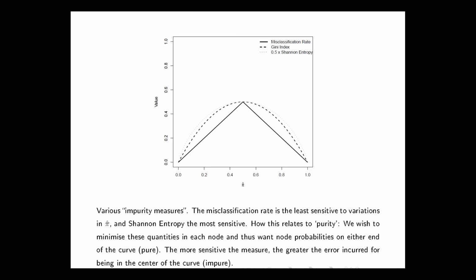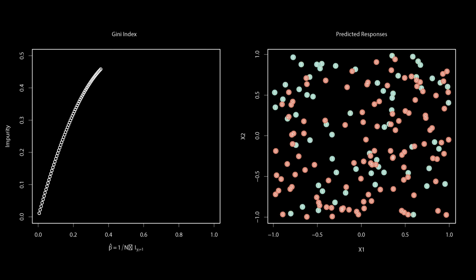Okay. Now note that though these measures differ in their sensitivity to the prediction inputs, which may affect how the algorithm constructs partitions, more on this later, they all do essentially the same thing, right? As the name suggests, they essentially measure how pure a node is by returning a low score when the predictions are mostly of a single type, so in this case 0 or 1, and high scores when there is more or less the same number of each type of the response.